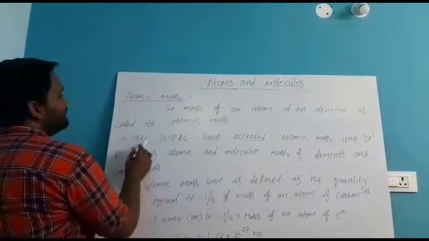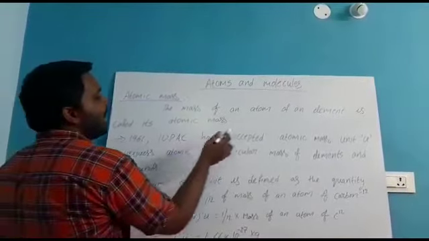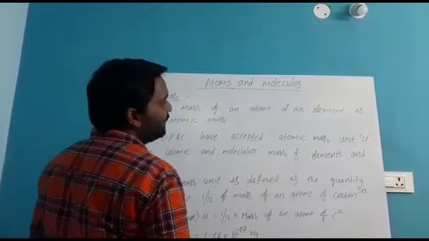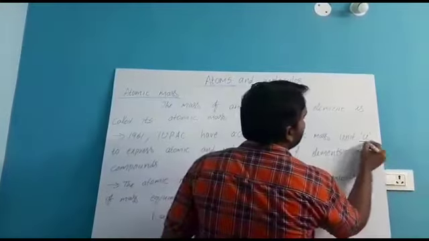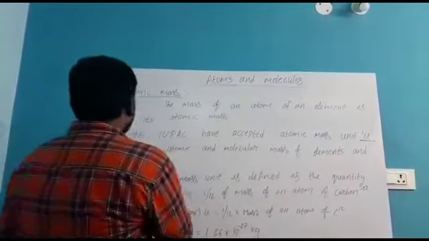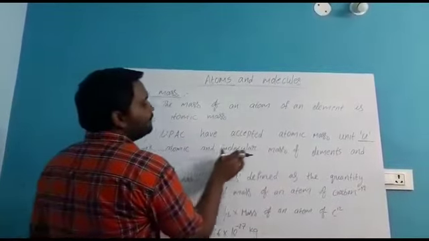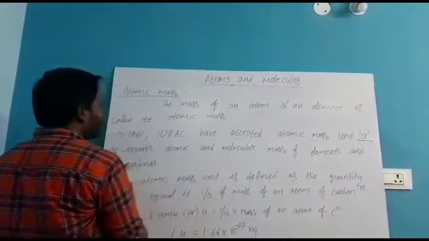In 1961, IUPAC accepted the atomic mass unit, U, to express atomic and molecular mass of elements and compounds.